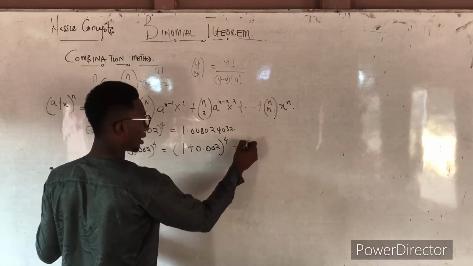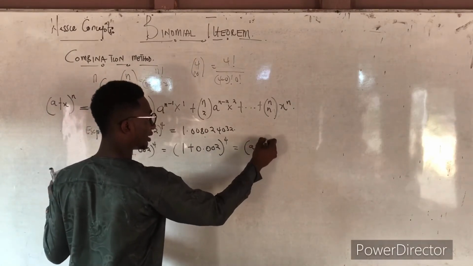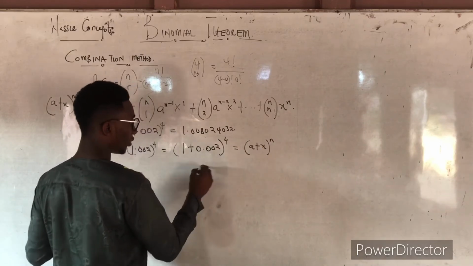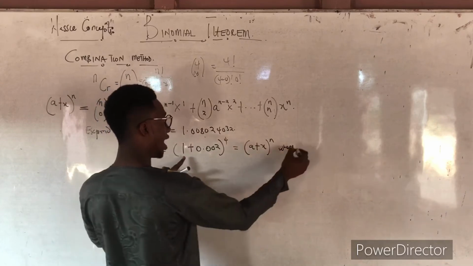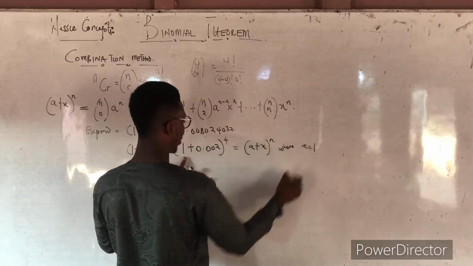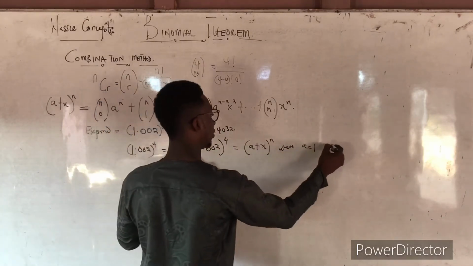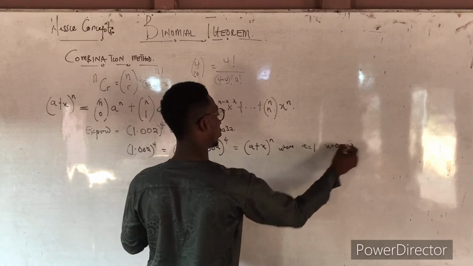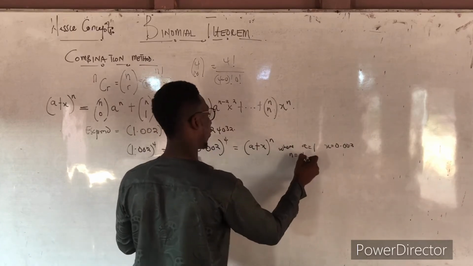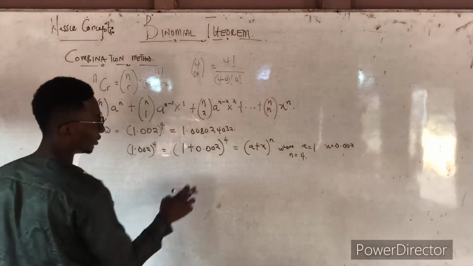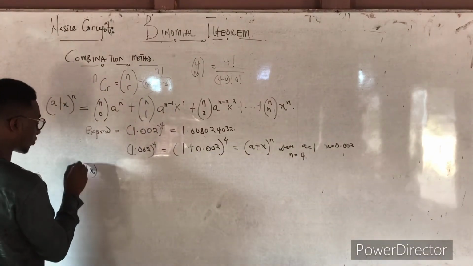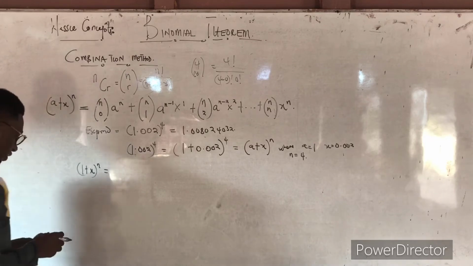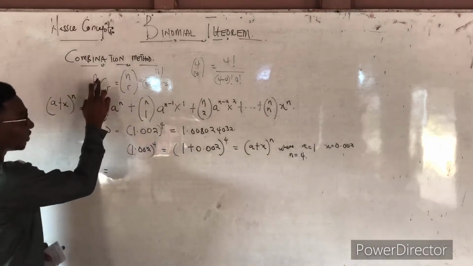So now we can say that a plus x exponent n, where our a is equal to 1, our x is equal to 0.002, and our n becomes 4. Anytime you have a equal to 1, that is to say 1 plus x exponent n, there's an expansion you can easily go about by the combination method.